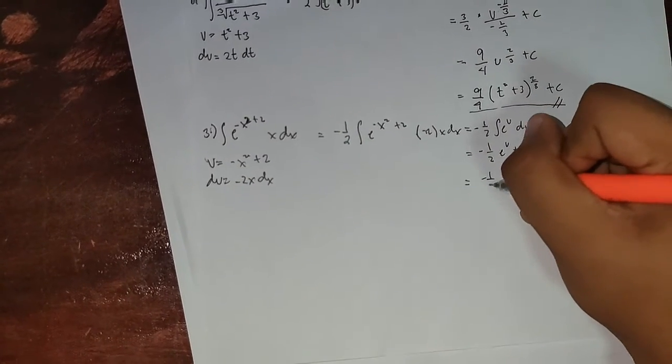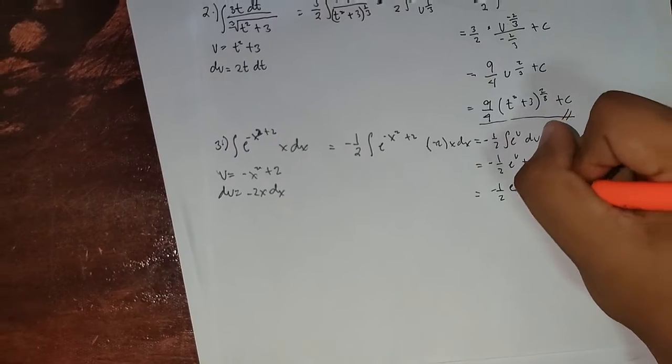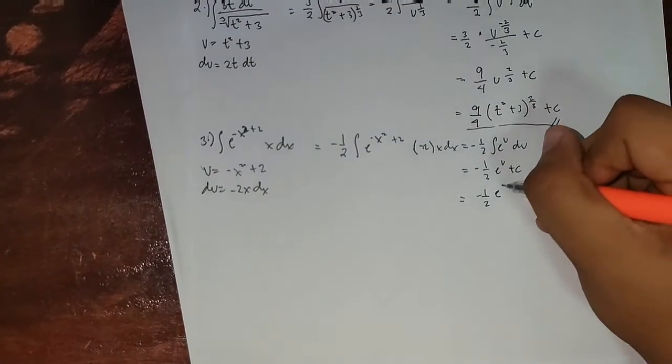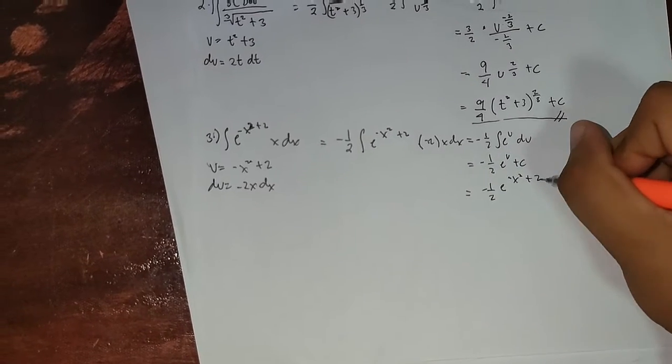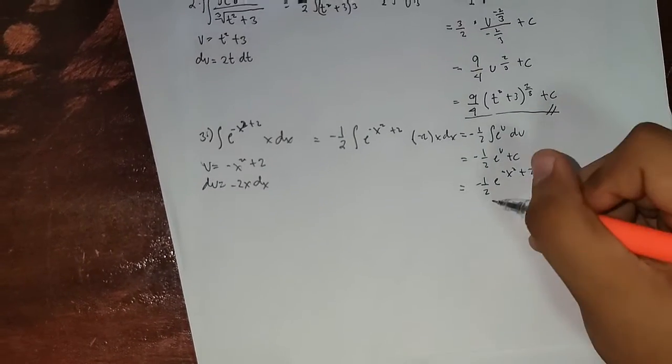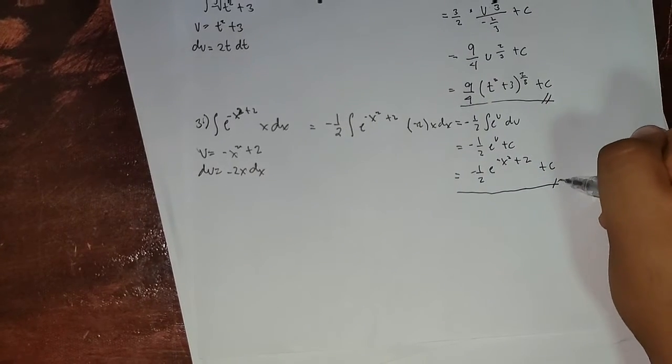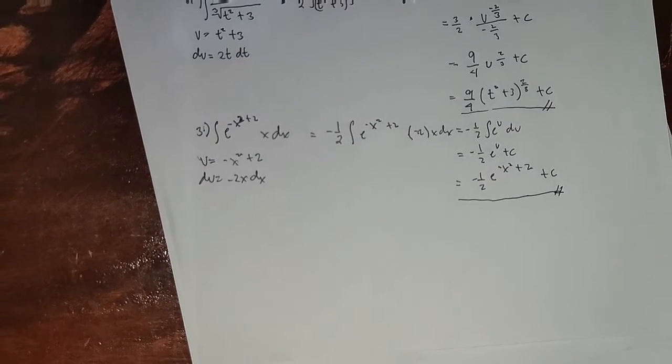Now I'm gonna put our u again: negative 1/2 e raised to negative x squared plus 2, plus c. And that's how you get your final answer.